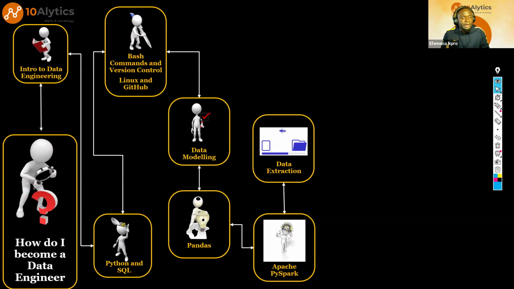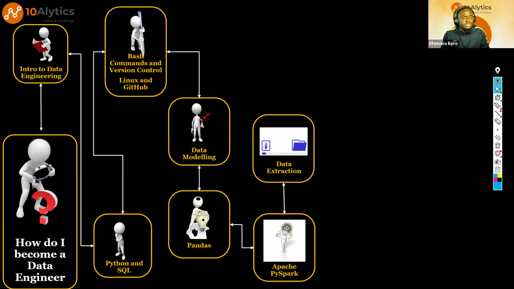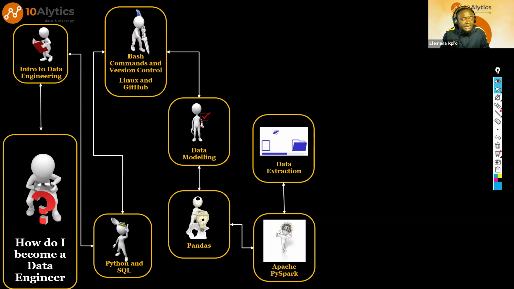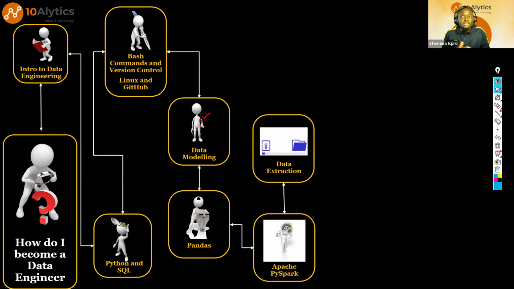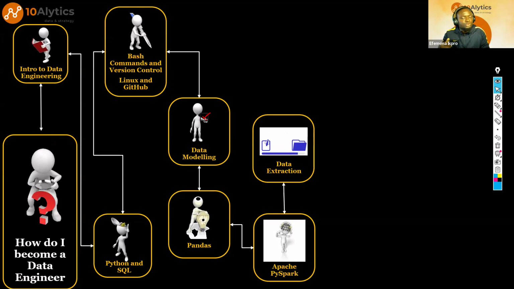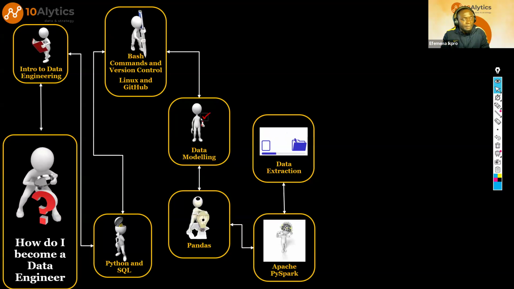You've seen scenarios whereby organizations are recruiting data migration specialists, data migration analysts, data migration engineers. Basically it means you're extracting data from a database into another database. So you will learn how to extract data from databases, from APIs, from web applications like we did today, which is web scraping.